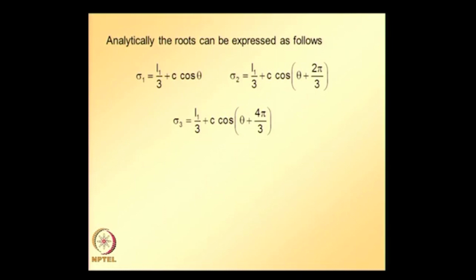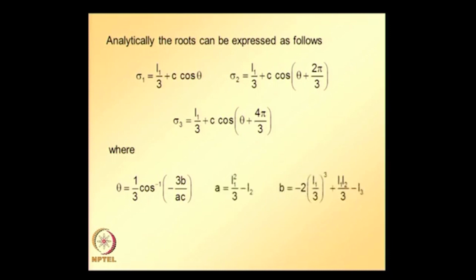Sigma 1 is given by I1 over 3 plus c times cos theta, sigma 2 is given by I1 over 3 plus c times cos of theta plus 2 pi over 3, sigma 3 is given by I1 over 3 plus c times cos of theta plus 4 pi over 3, where theta is defined like this, 1/3 cos inverse of minus 3b over AC, where A, B, C are defined like this in terms of stress invariants.